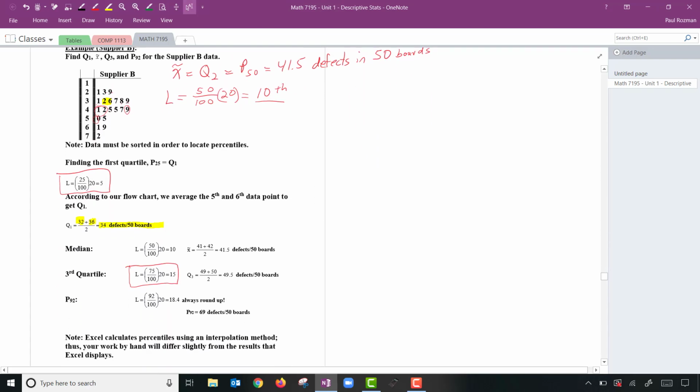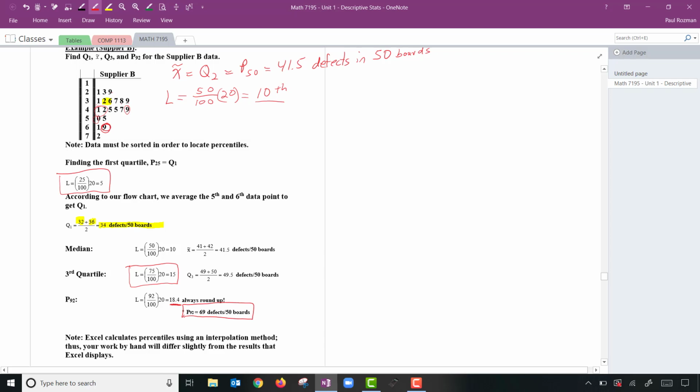So in this case, our position is 18.4 positions into the list, and we're going to round it up to the 19th spot, and the 19th spot is right here, which is 69 defects in 50 boards.